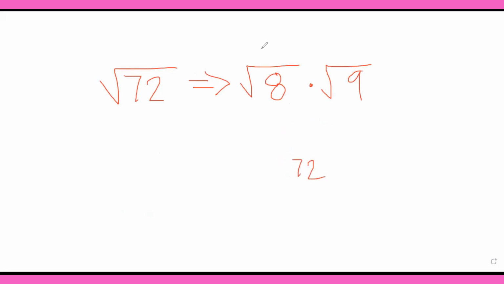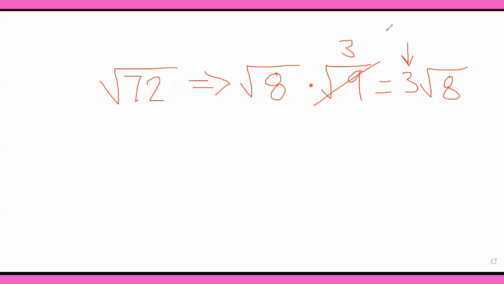And when I do that, I recognize that I've broken this up. Square root of 8, I'm not really sure about that yet, but square root of 9, I immediately see as 3. So that becomes 3. So far we have 3 and then a square root of 8. We always put the whole number, the integer, in the front, and then the radical after that.